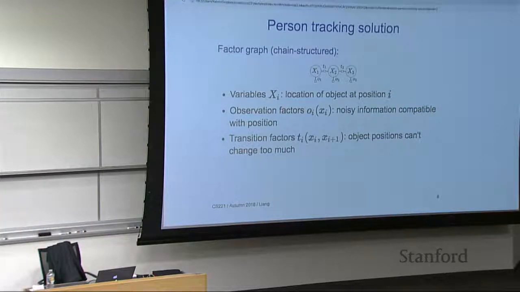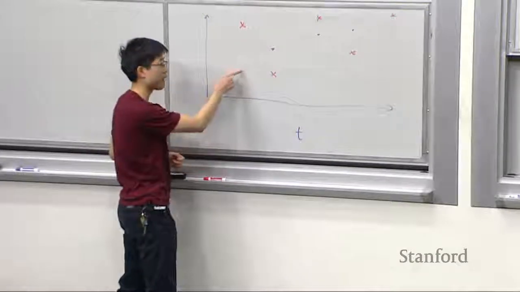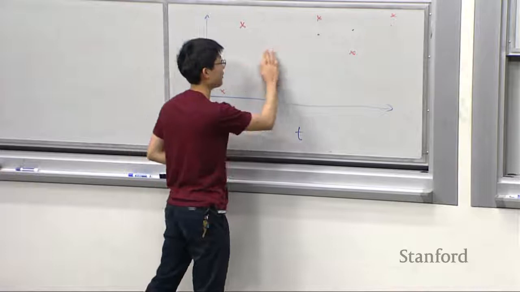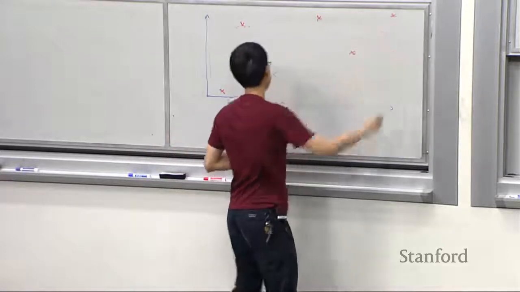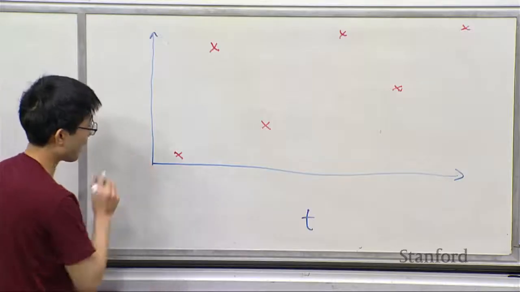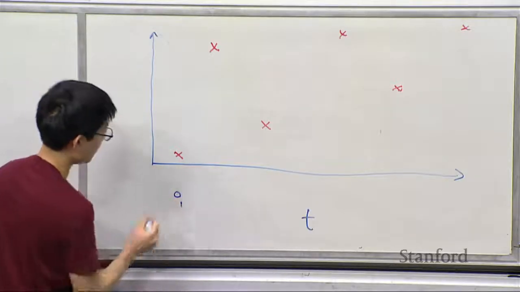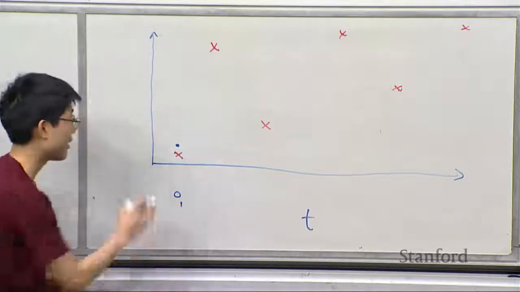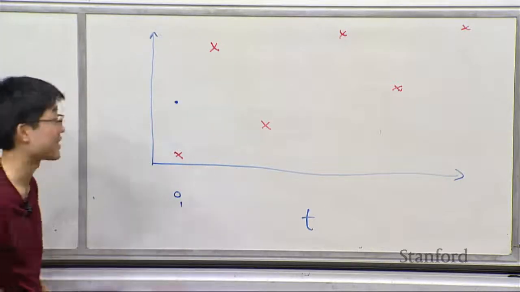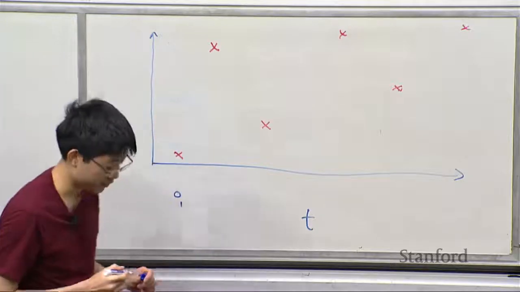In other words, these blue dots are the values of x that I'm trying to figure out. Suppose that I don't actually know them, and my observations are these red x's. So the factor O1 is quite happy if I put the blue dot here, but it's going to give me a very small value if I put it farther away from the red x. Those are the first factors.